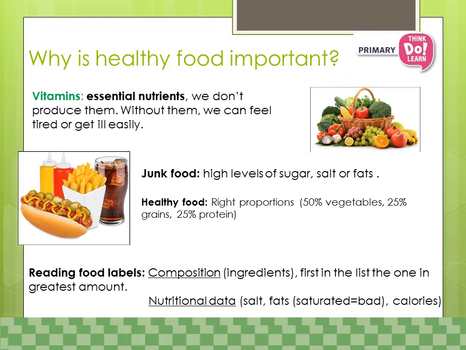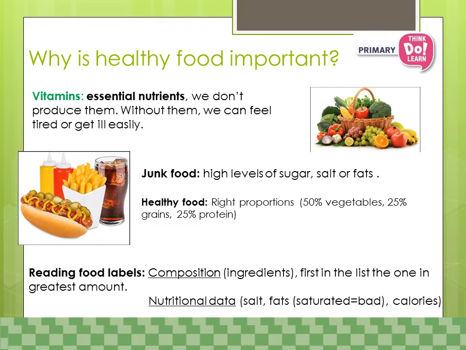So we need to eat nutritious food. Junk food, we consider the food to be junk food when it has high levels of sugar, of salt, or of fat. Si tiene demasiado azúcar, demasiada sal o demasiada grasa, es junk food, es comida basura. And also healthy food, comida sana, cuando ingerimos las proporciones adecuadas.